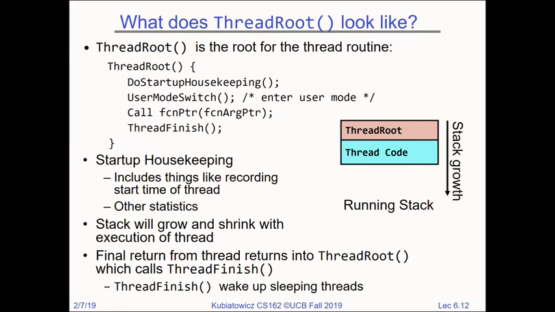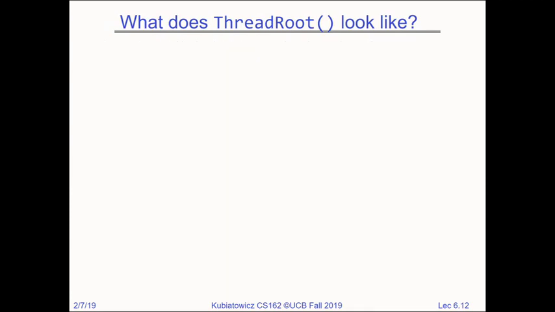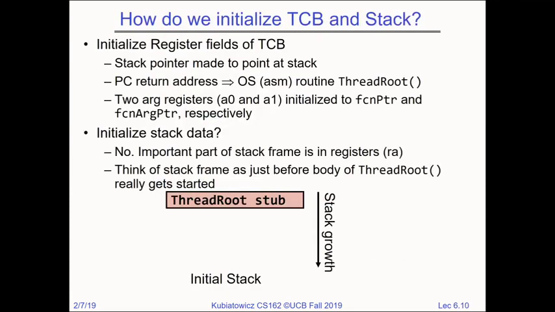Question, yeah? Well, thread create ultimately invokes the code that calls for thread root. Thread create is really setting up that whole environment. Thread create basically creates a new stack frame, sets up the stub, sets up the registers in the new TCB to point to things like the function we want to call, and then that's it.